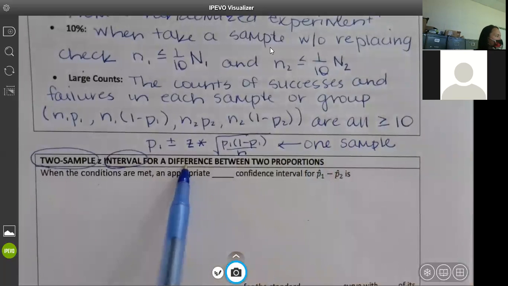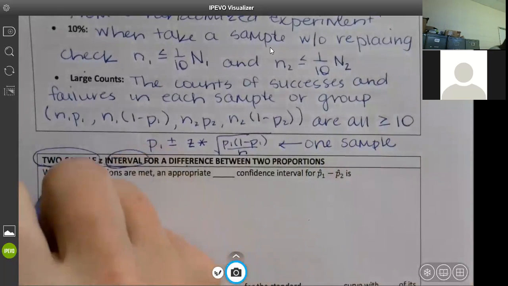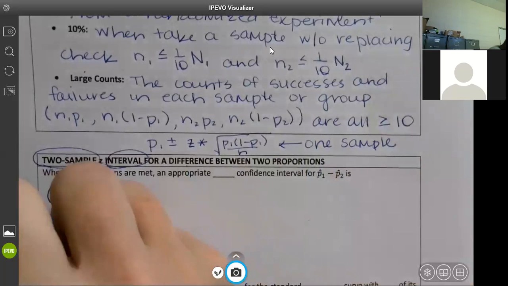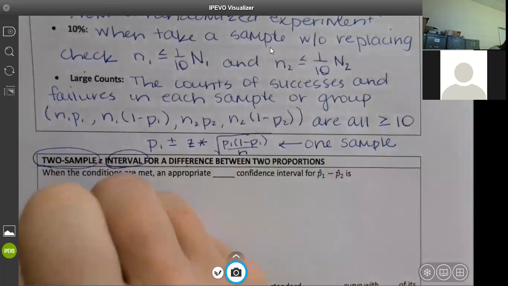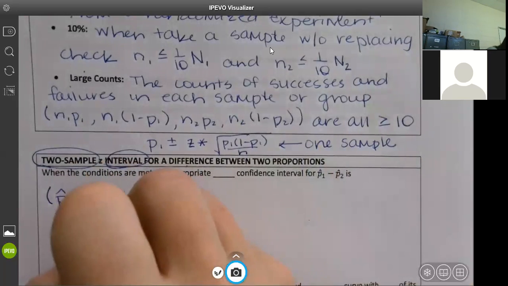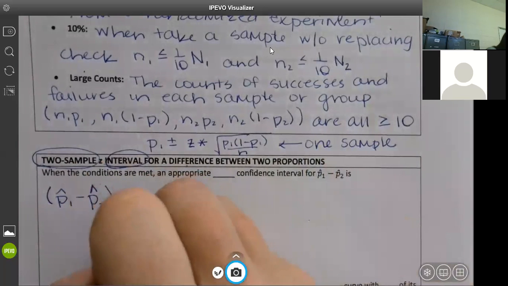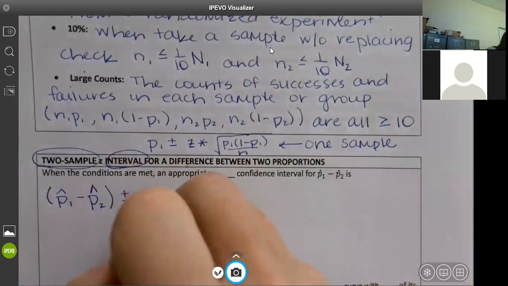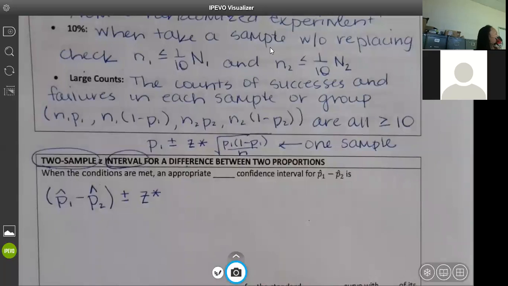And again, it's for a difference. So you're going to start it with P hat 1 minus P hat 2, or if they define it the other way around, do the other way around. Plus or minus, still your Z star. Remember, your Z star is your confidence or your critical value. It comes from that 95%.